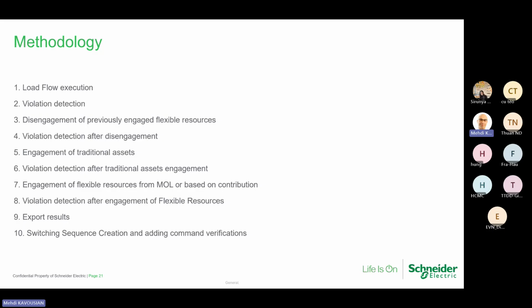The second step is engagement of traditional assets, like if you have voltage regulation or something you can switch, you can use this. Then again it calculates the violations and tries to resolve those based on MOL or contribution. Why this one?